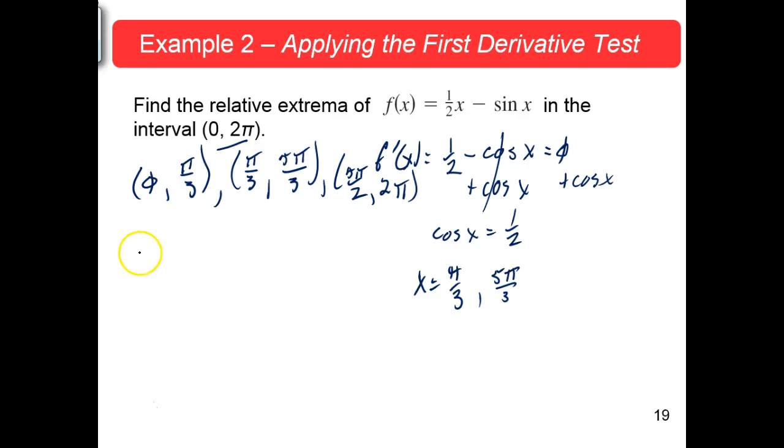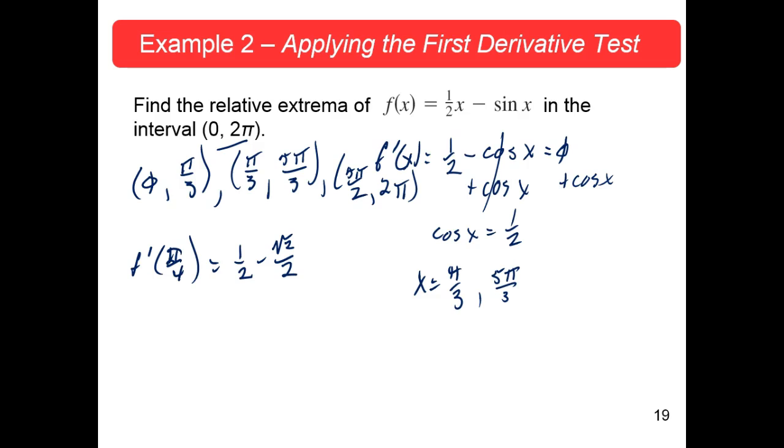So let's do f prime at pi fourths, okay? That would be 1/2 minus, what's the cosine of pi fourths? Anybody know? Root 2 over 2, okay? Now, I don't care what value it is, really.